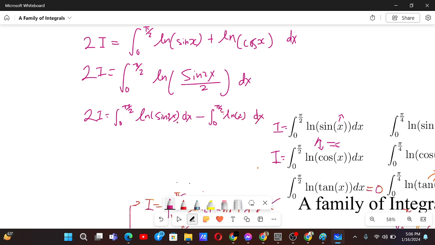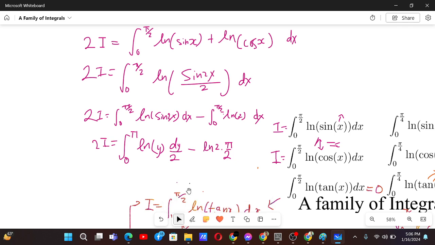Now over here you can substitute 2x as y, and from that 2 times 0 is 0, 2 times pi by 2 is pi, ln y, and then dy equals 2 dx, so here dy by 2, minus this is ln 2 times x, and over here in x that will be pi by 2 minus 0, so minus ln 2 times pi by 2.